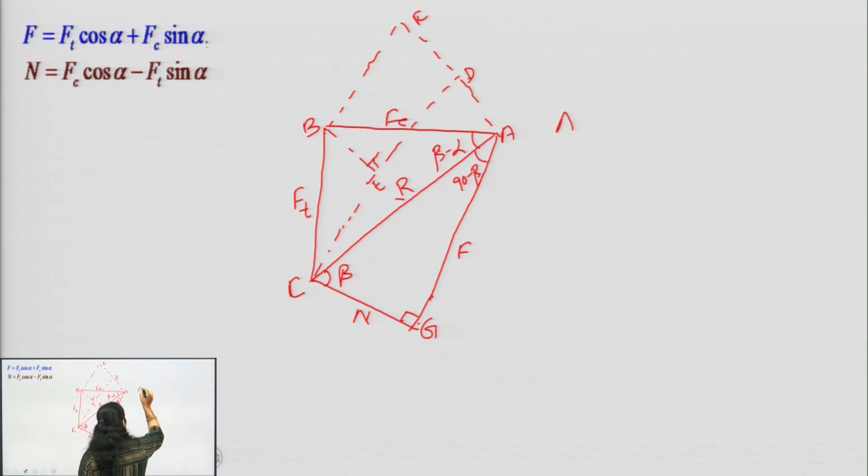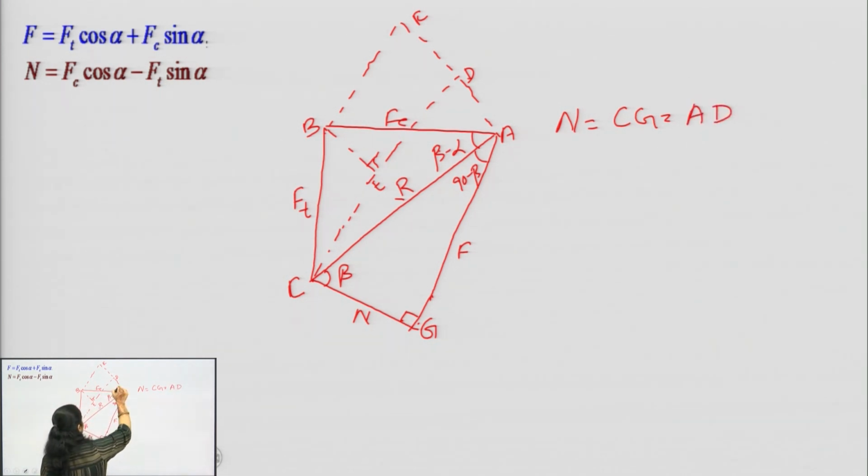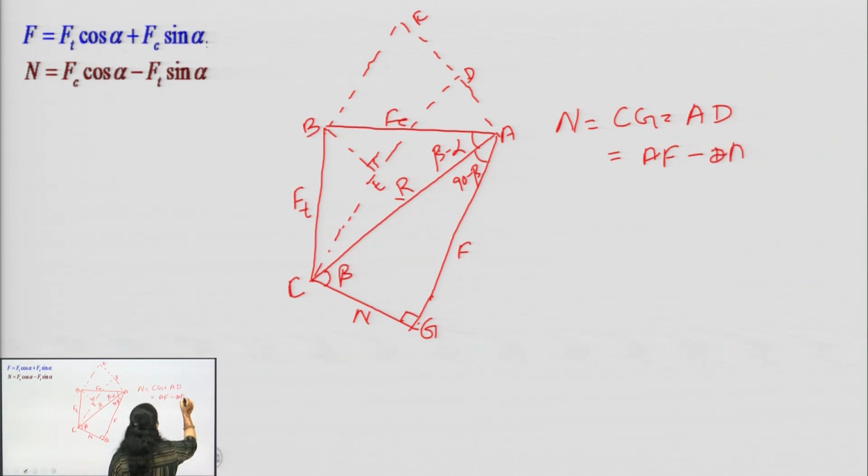So, N we can write is equal to Cg, and which can be written as Ad. Okay. Cg is equal to Ad, and Ad we can write as Af minus. Okay. So, we will find out these two values Af and Ad.